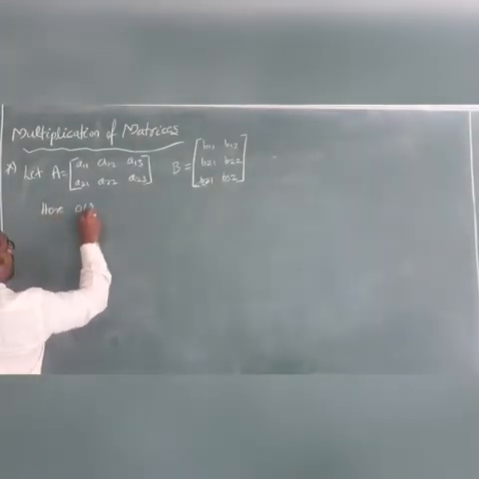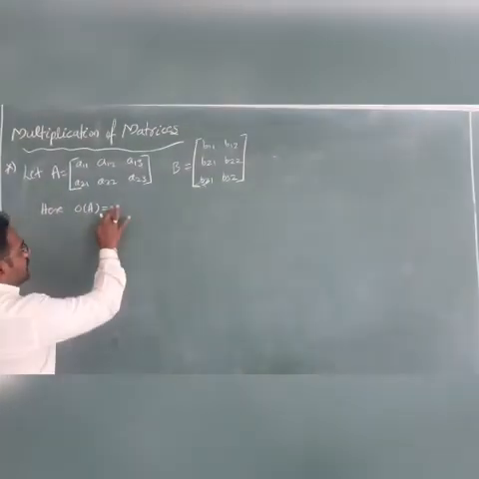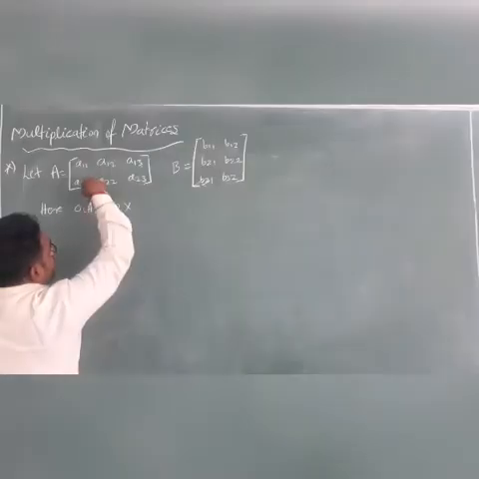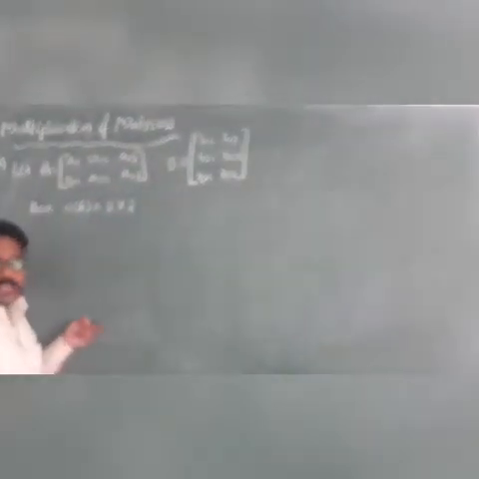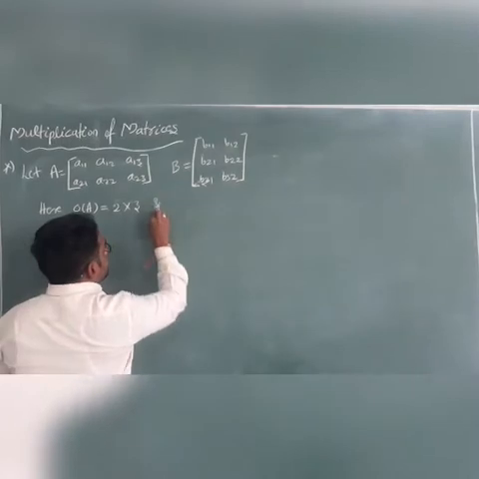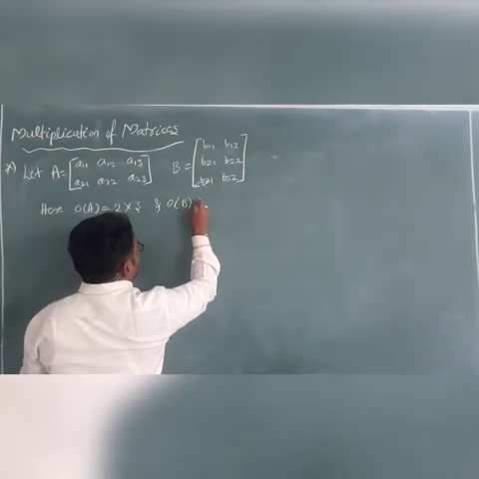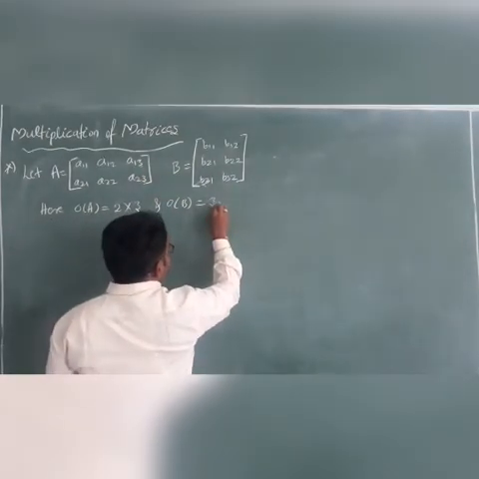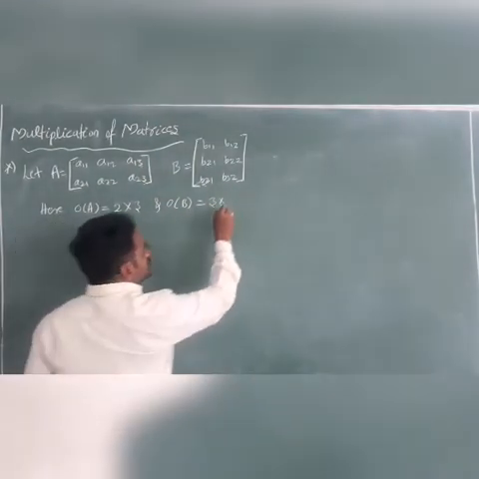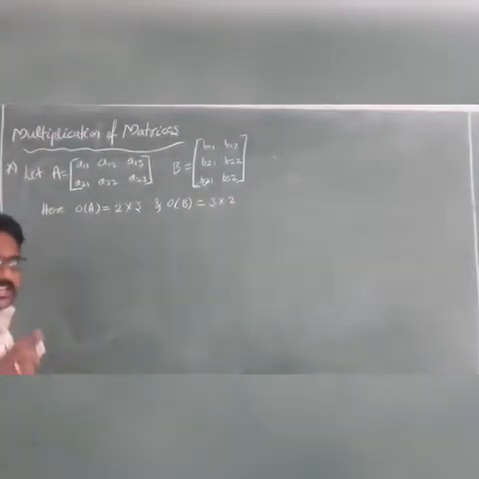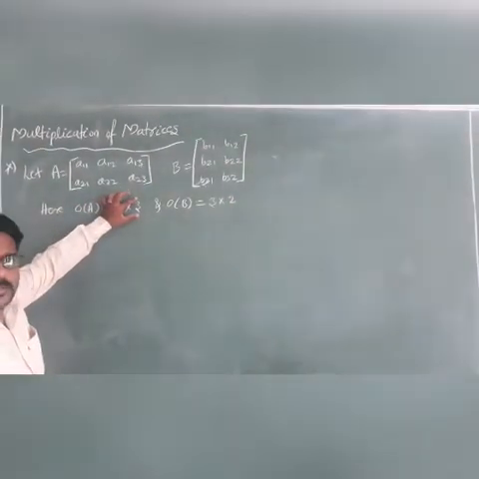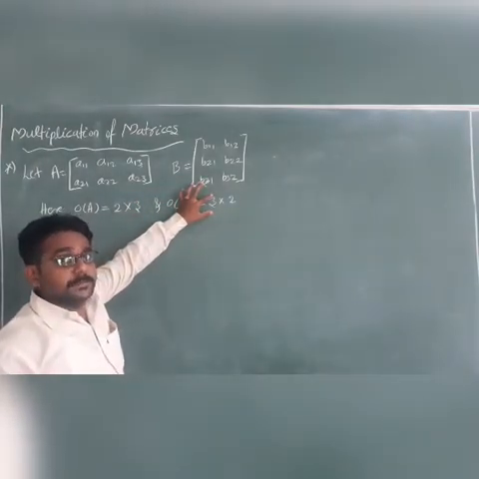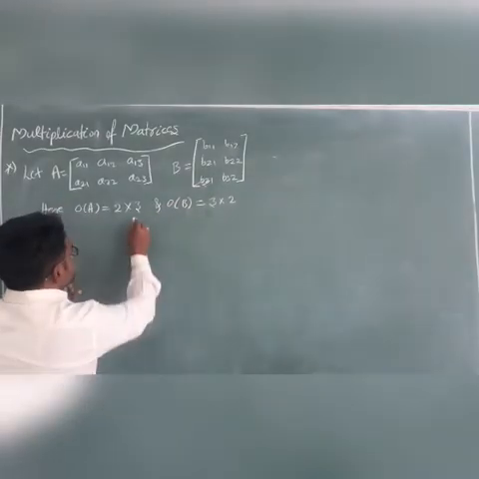See here, what is the order of A? Two rows are there and 3 columns. That is a 2 by 3 matrix. And the order of B: the number of rows is 3 and the number of columns is 2. What is the condition? The number of columns of the matrix A should be equal to the number of rows of the matrix B. Both are the same here.